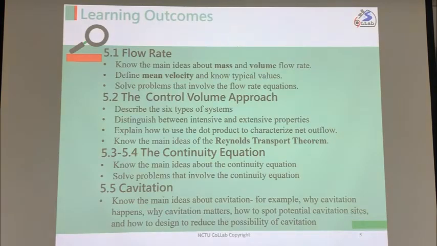So this is a highlight of the outcomes for this chapter. First, we need to define what the flow rate is, and in this chapter we focus on the mass, so we are discussing properties related to mass. As I mentioned, we need a tool to analyze any physical property exchange along different cross sections, so we use the control volume approach.